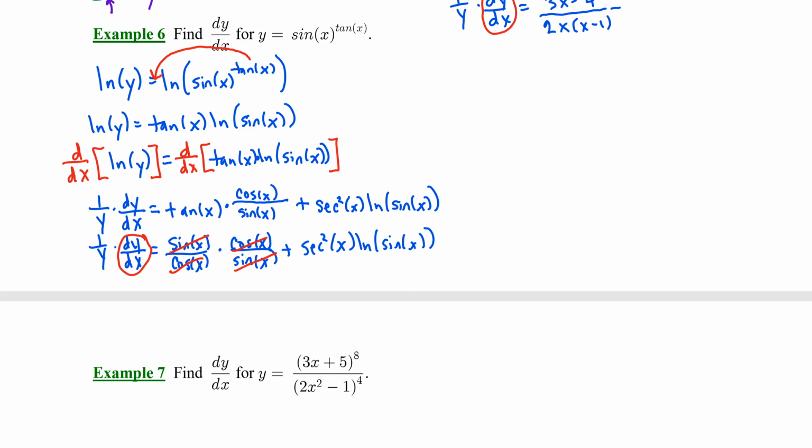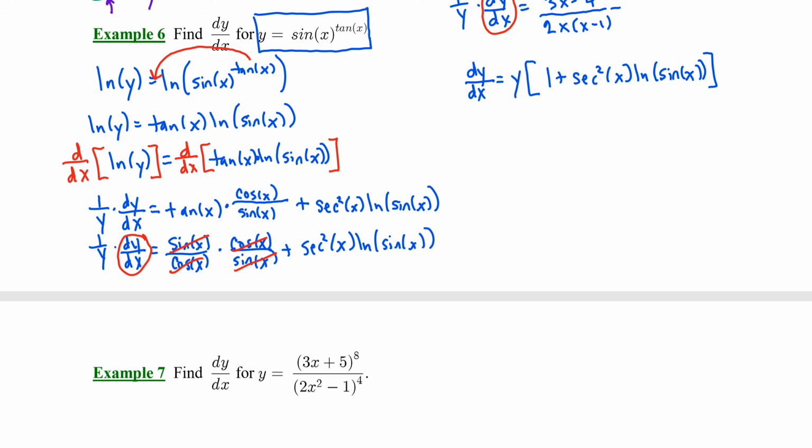So we end up with dy over dx equals y times 1 plus secant squared of x natural log of sine of x. Again, we started with an explicit function. We should anticipate an explicit derivative, that is in terms of x only, but we do have it in terms of x and y.